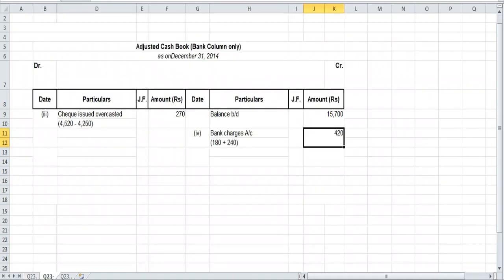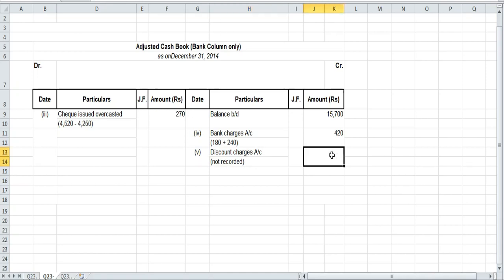Okay, so what we'll write down here in number 5? In number 5 we'll write down here discount charges account, and we'll write down here not recorded.